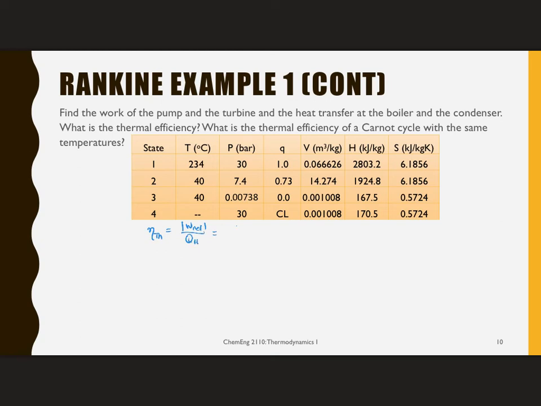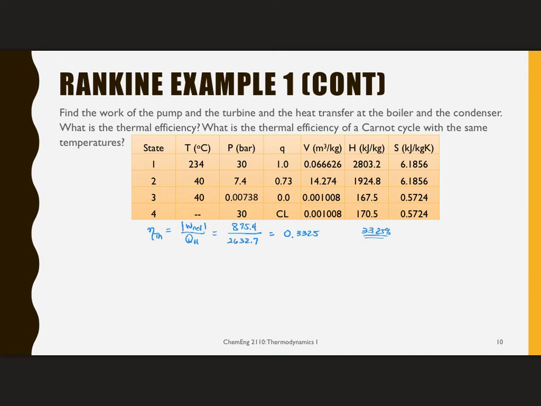In this case, the value of the net work is 875.4. The heat transfer at the high temperature is the boiler, 2632.7. And my thermal efficiency, therefore, is 0.3325, or 33.25% efficient. Okay?